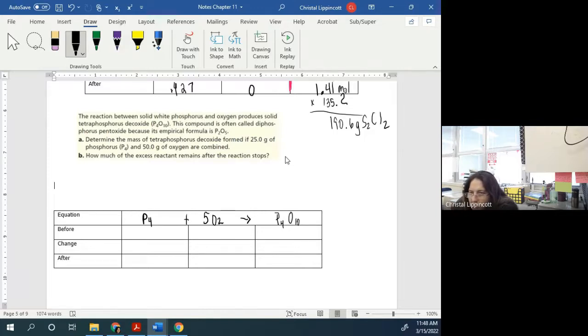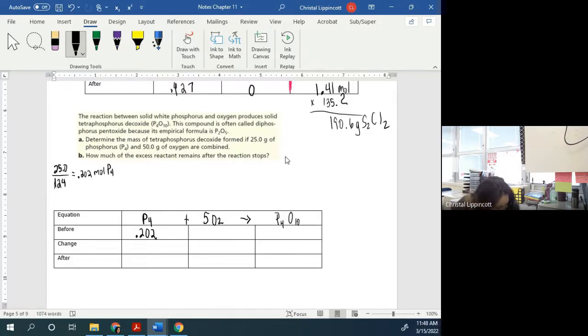I'm going to take my 25 grams of phosphorus, I'm going to divide it by phosphorus times 4 off the periodic table, which is 124. And that's going to give me 0.202, and that's moles of P4. So I'm going to put that right there.